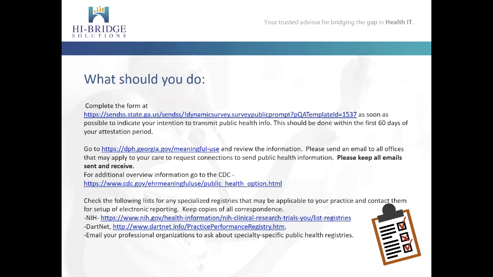So again, a little summary of what you should do. Go fill out the survey. Everybody needs to fill out the survey. You can review the information, like I said, at dph.georgia.gov. That's where you can find all the emails that you can send, and keep copies of all of the emails sent and received.